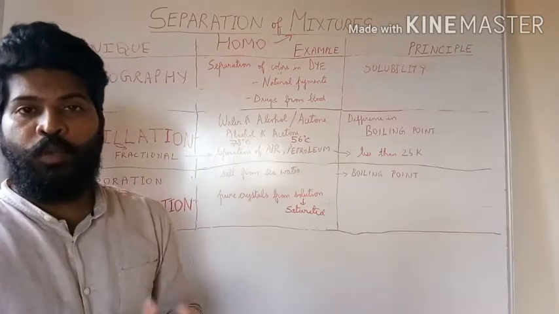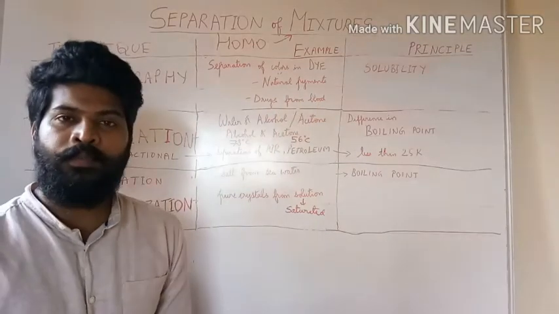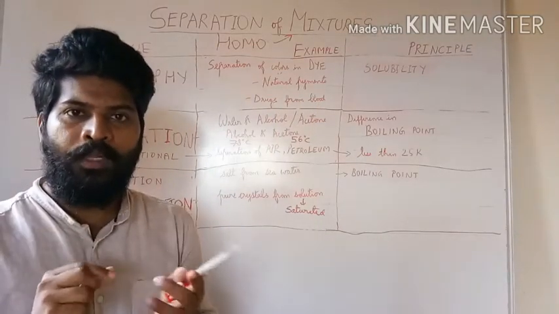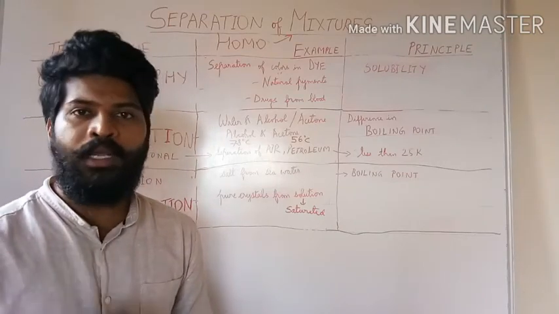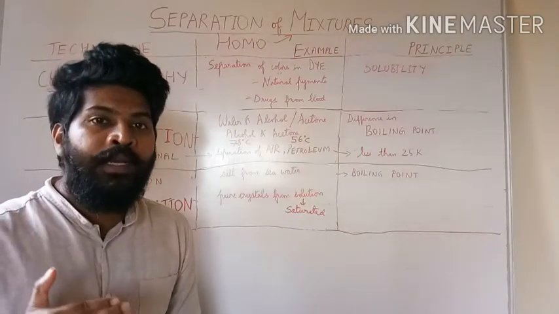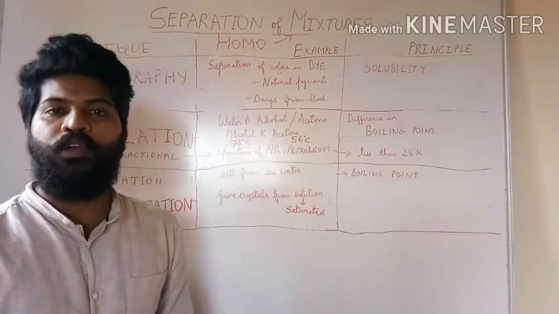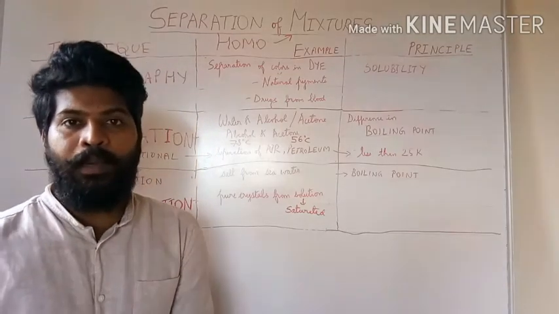We can also use chromatography to separate the natural pigments. For example, a plant leaf is green in color because of the presence of the pigment called chlorophyll. Now, there are different types of chlorophylls: chlorophyll A, B, C, D, and other than this, there are other pigments also.